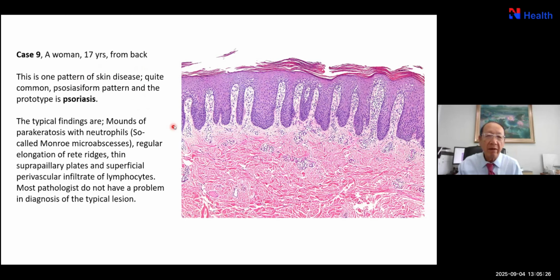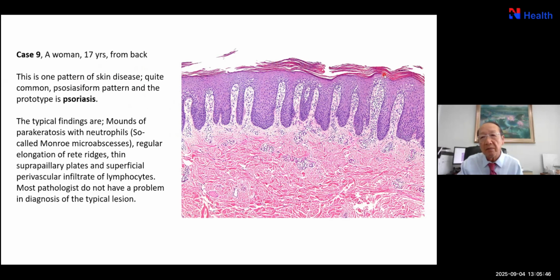What you look at here, the elongation of the rete ridges is the main feature. Typically in psoriasis, in a well-developed lesion, there will be scale on the surface. The scale is parakeratotic layer.